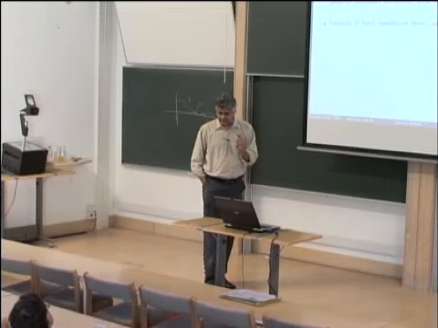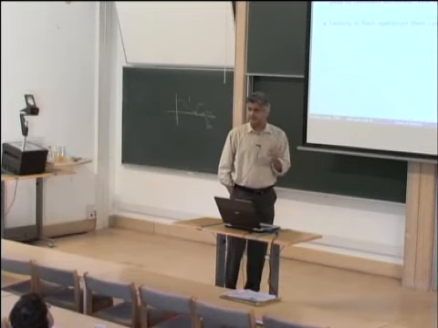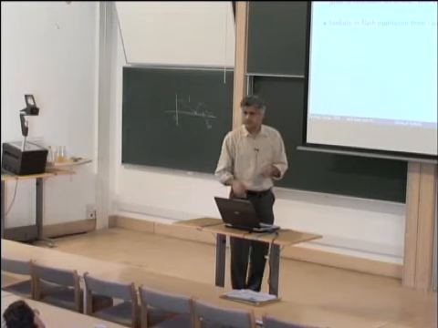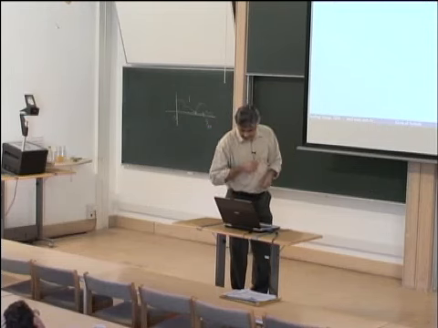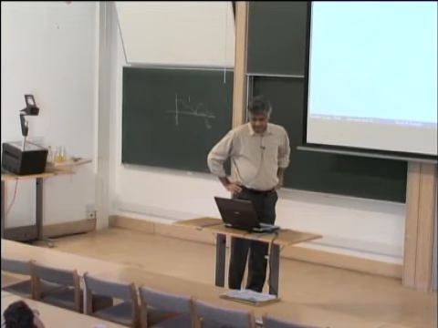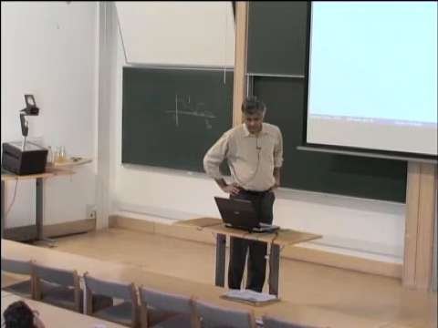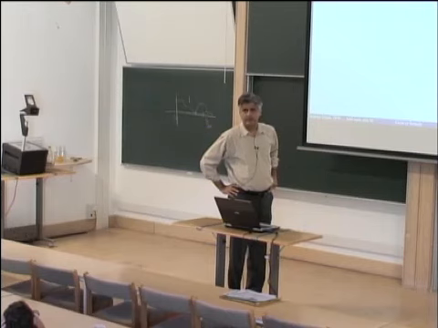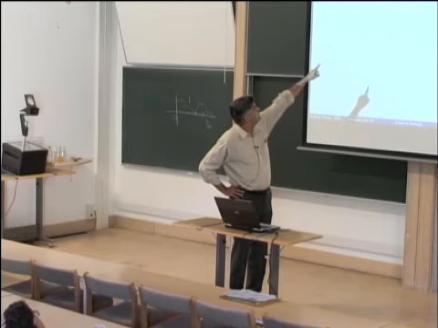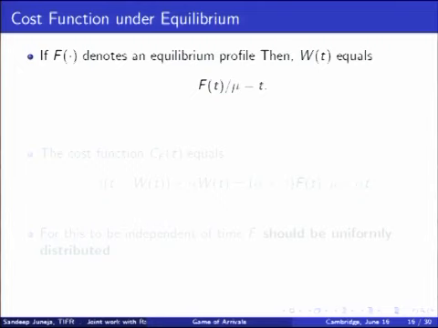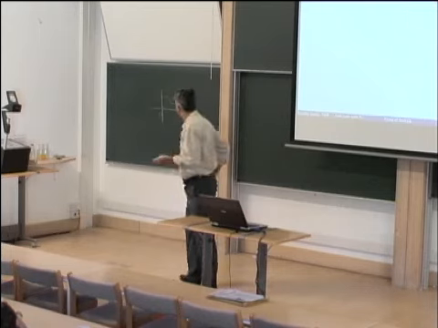So if we ignore the fact that F can be singular, then it's clear that F must have a density. Now once we accept that, my claim is that the waiting time under the equilibrium profile at any time t must be given by this expression, F(t) by mu minus t. The way to think about this is, suppose I come at a time before 0.